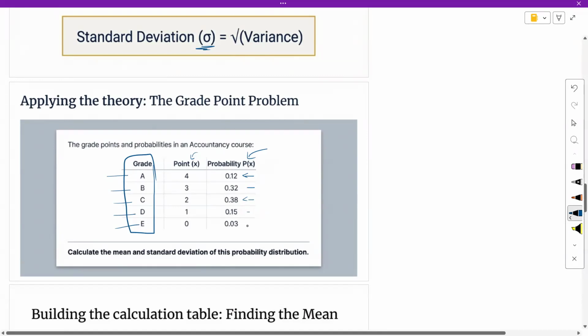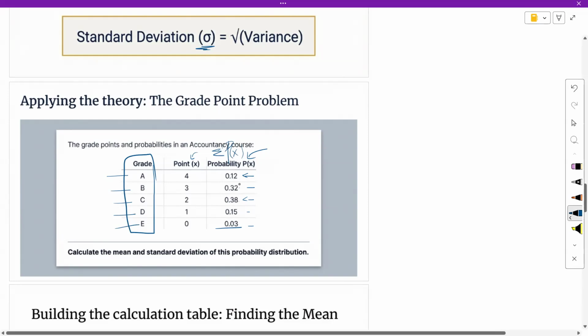Probability of E is 0.03, meaning 3%, 15%, 38%, 32%, 12%. When you add them together, it should be equal to 1. Otherwise the question is wrong. The sum of probability of x should be equal to 1.